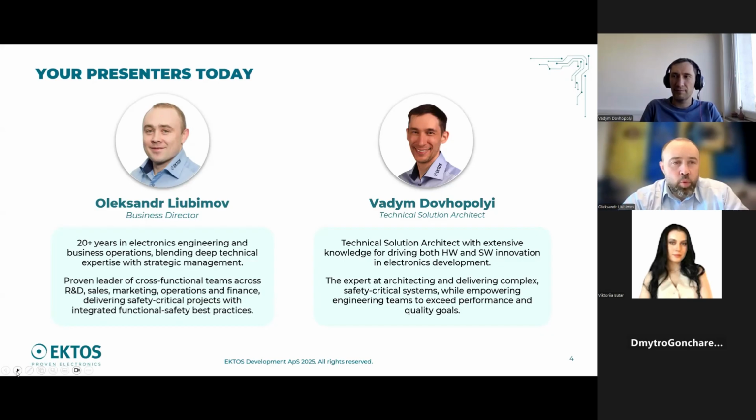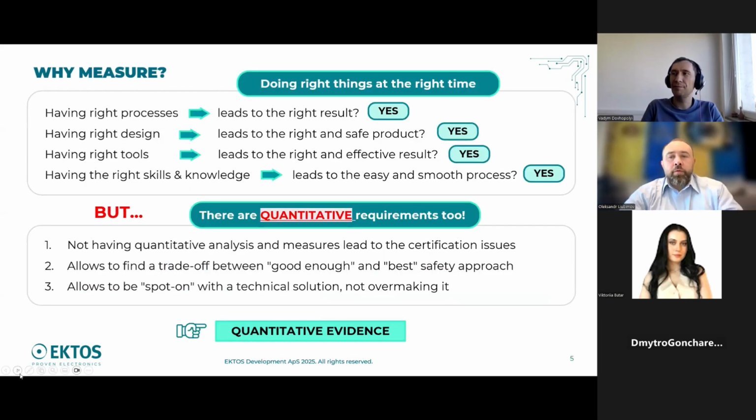So let's move on. First thing I want to mention is that we have been covering quite a few topics until now. We have been looking into process, we have been looking into architecting functional safety, we have been looking into tools and tricks and all practical advices on what to do.